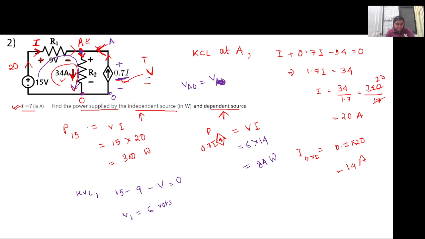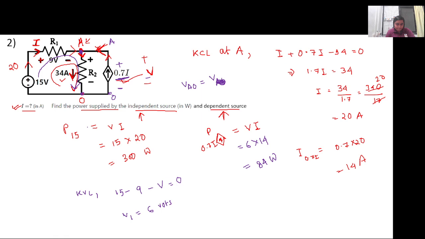So 6 volt by 34 ampere current is equal to R2. R2 will be equal to 3 by 17. And for R1 we have the current and the voltage across it, so we can calculate R1 easily, right? R1 will be equal to 9 by 20, that is 0.45 ohm.